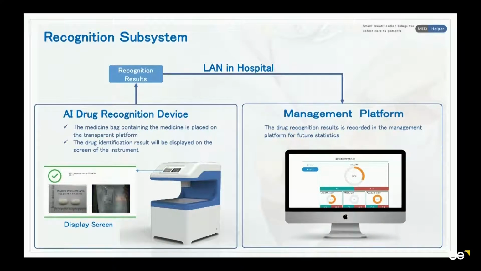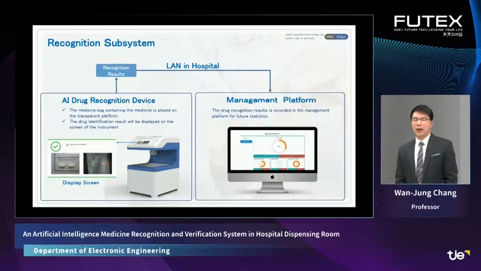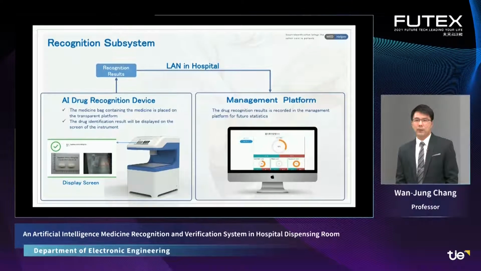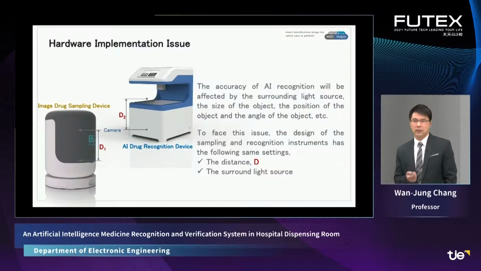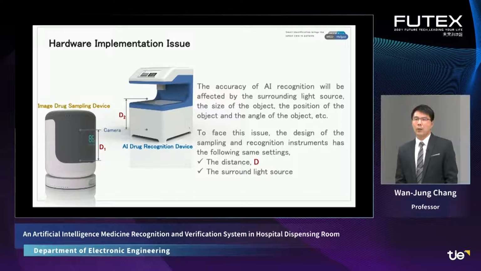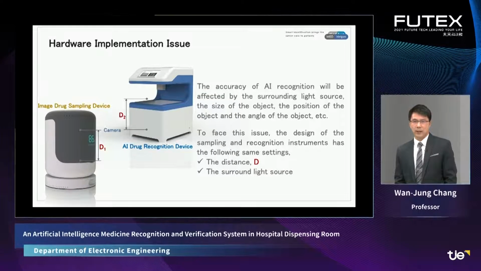In using the recognition subsystem to identify the dispensed drugs, the medicine bag containing the medicine is placed on the transparent platform of the AI drug recognition device. Then the drug identification result will be displayed on the screen and transmitted to the management platform for further statistics.